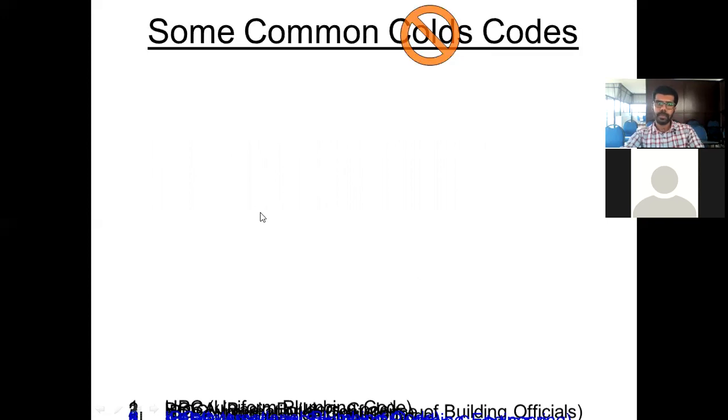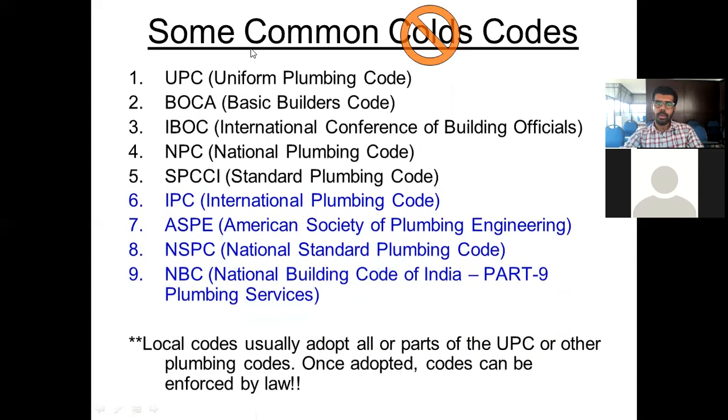Proper design. These are some of the common codes that we follow. UPC, Uniform Plumbing Code. BOC, Basic Builders Code. IBOC, International Conference of Building Officials. NPC, National Plumbing Code. SPC, Standard Plumbing Code. IPC, International Plumbing Code.